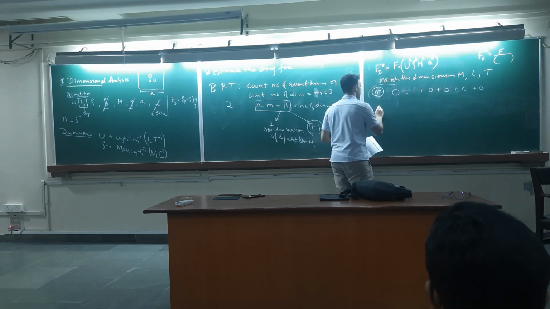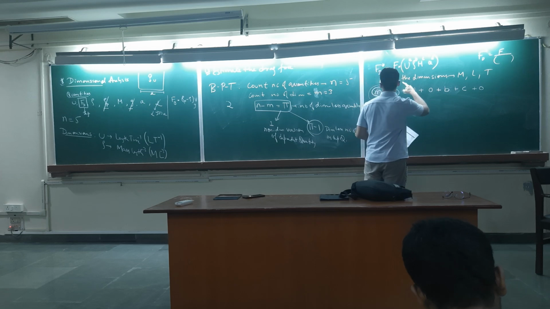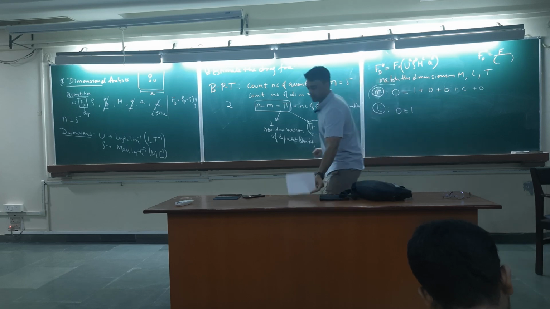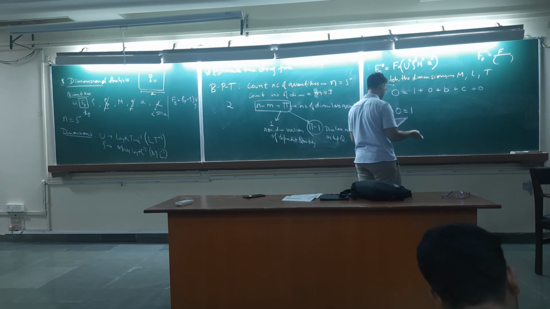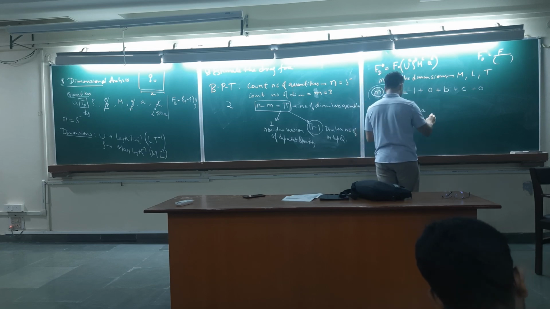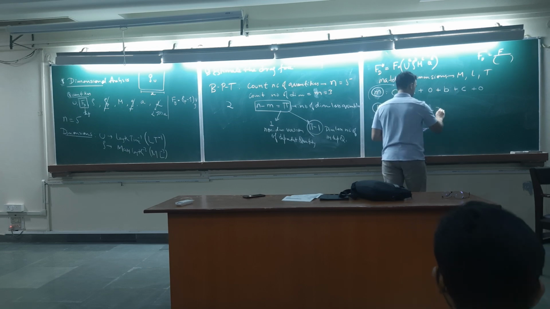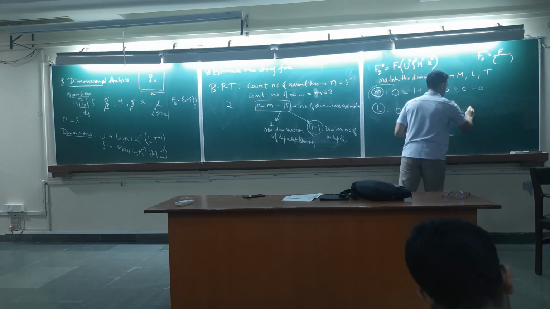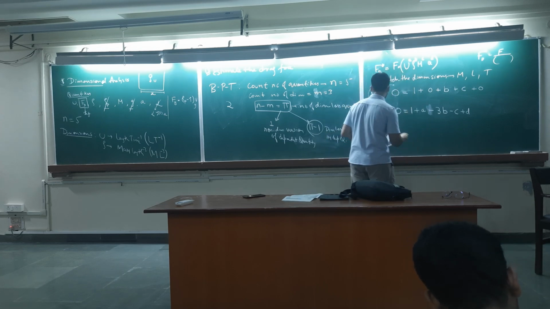Alright, so let's do it for L. 0 is equal to 1 plus A minus 3B minus C plus D. In my notes I have jumbled them a bit, so I am completely reliant on you now.